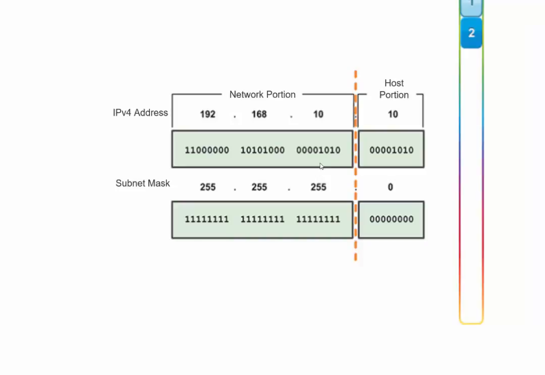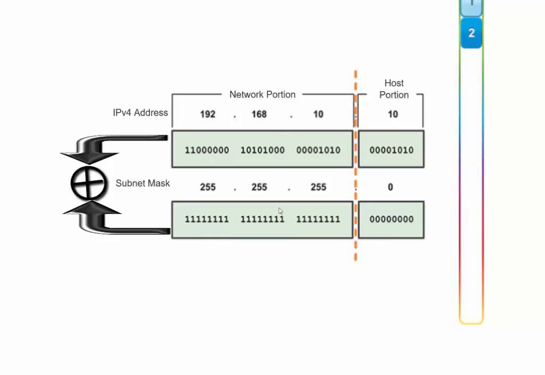So the way that we calculate whether a particular address lies in a particular subnet or not is by ANDing the IP address with the subnet mask. This way we can isolate or separate the network portion from the host portion. So for example, take this IP address, 192.168.10.10. If the subnet mask is 255.255.255.0, then we represent each one in binary, and then we AND those two parts.